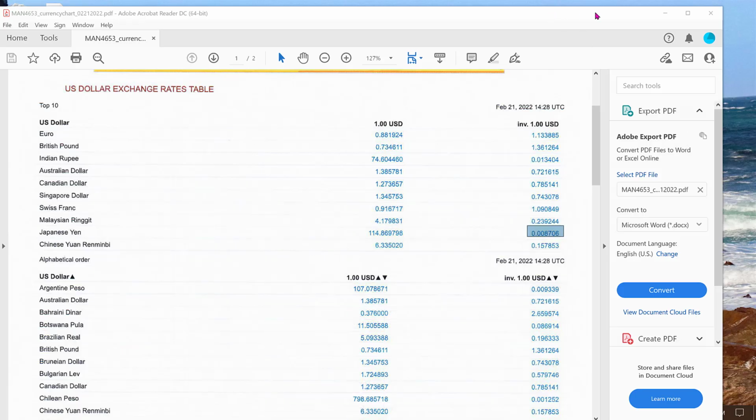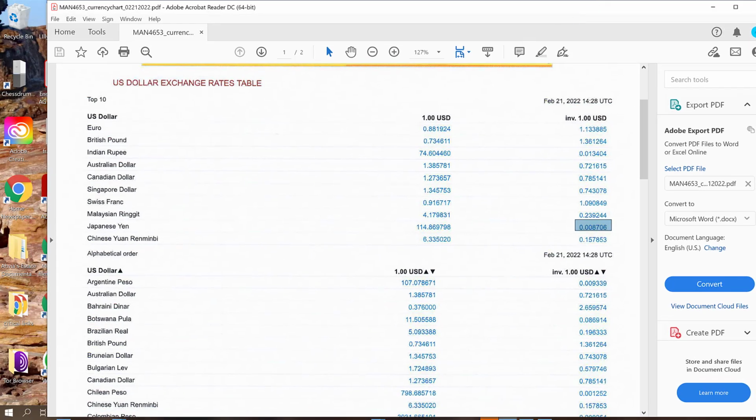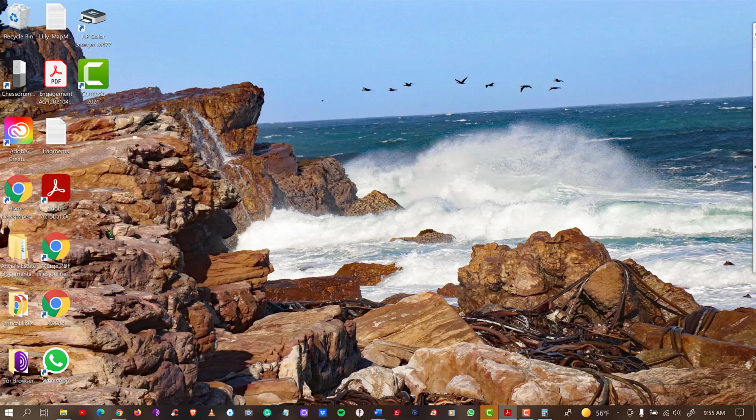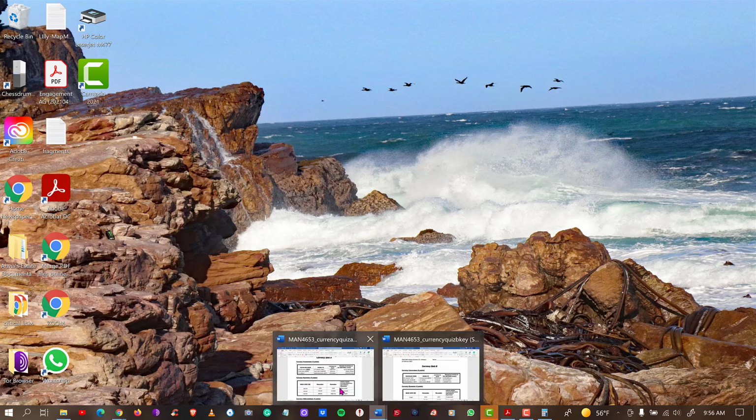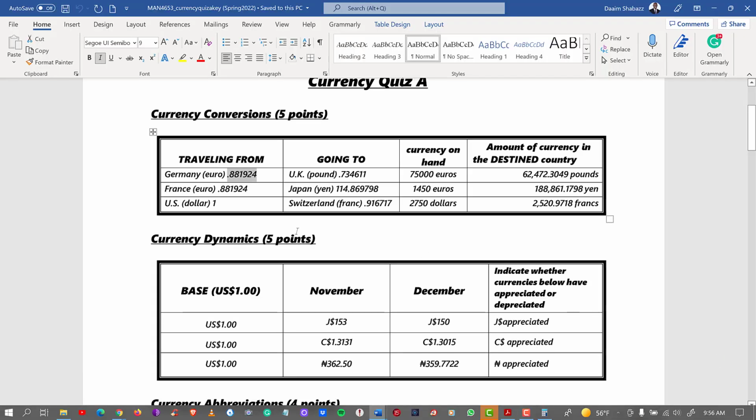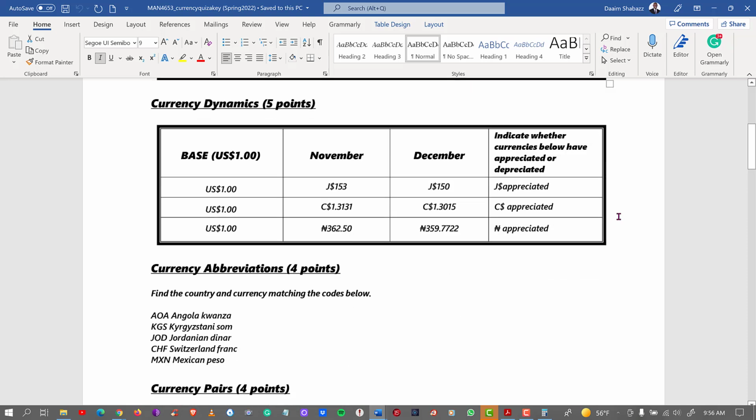The second block of questions going down, this is just asking whether a currency has appreciated or depreciated. And these were pretty straightforward, but as I said in class many times, it is a process of thinking.